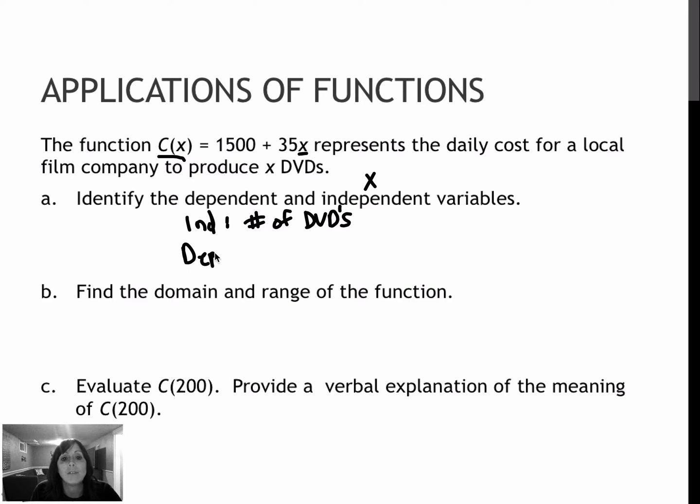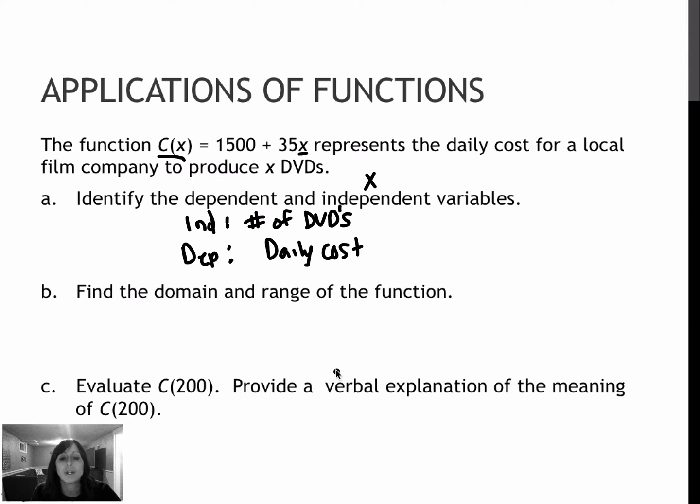The dependent variable then will be whatever C of X represents, which is the daily cost for a film company. So the daily cost. So the independent variable is the number of DVDs. The dependent variable, meaning the daily cost depends on the number of DVDs.